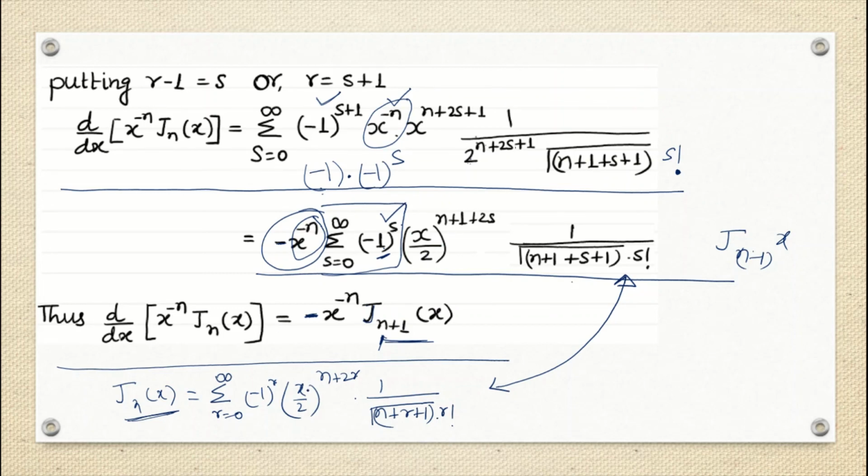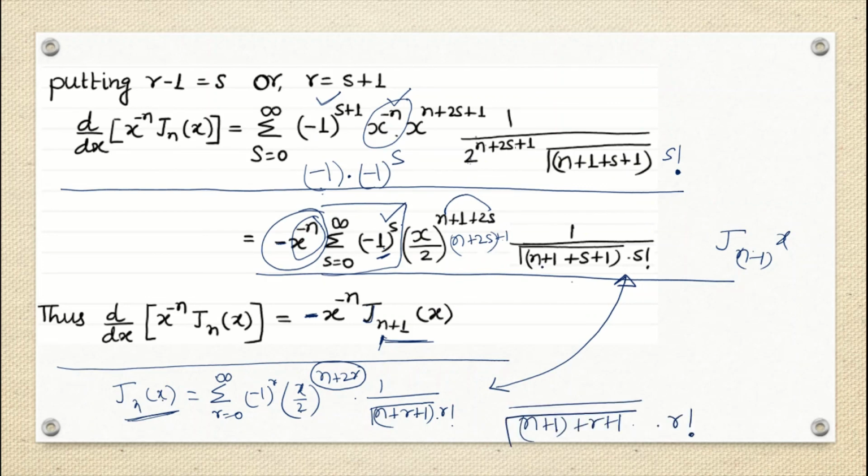So this is x by 2 to the power n plus 2r for J n x. So for J n plus 1 x, it should be n plus 2s plus 1, correct? And instead of r, I am writing s. r, s, p, q, anything you can write, that doesn't matter.